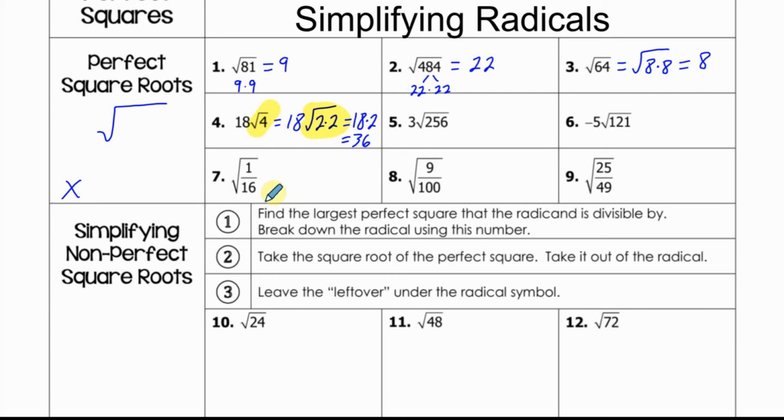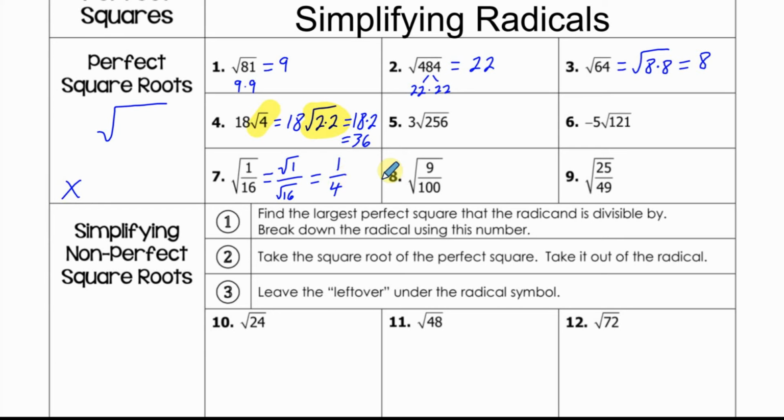When you do fractions, you can think of them as separate. Instead of thinking of this as the square root of 1/16, it's the same as if you think of it as the square root of 1 over the square root of 16. Square root of 1 is 1. Square root of 16, well, it takes two 4's to make 16. 4 times 4.